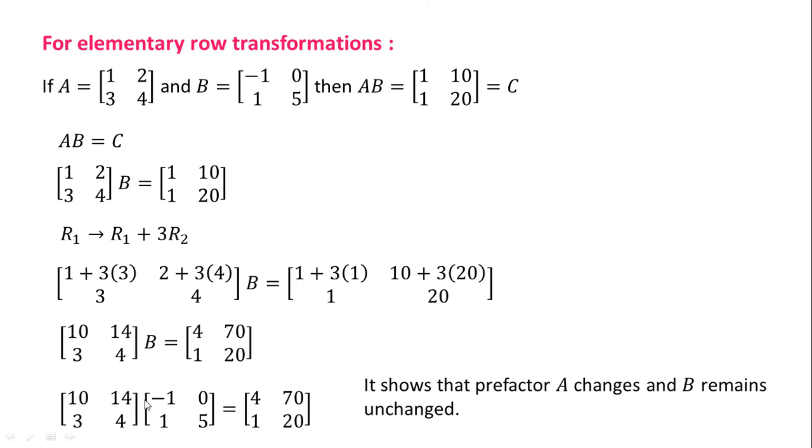You can verify this by multiplying these two matrices. You will get this answer. Do not change B, only the prefactor is changing here and the RHS is changing. Okay, remember.